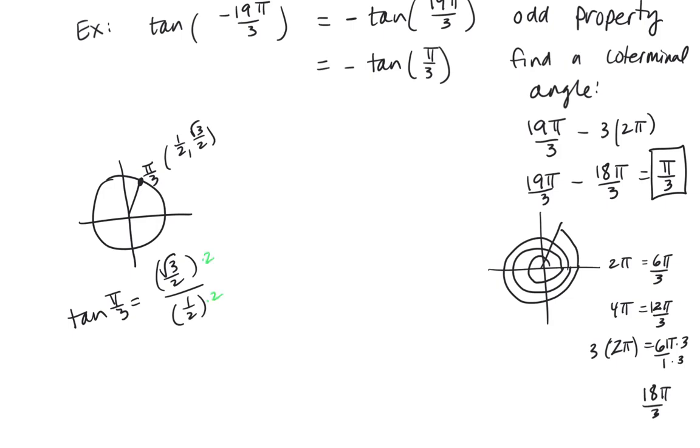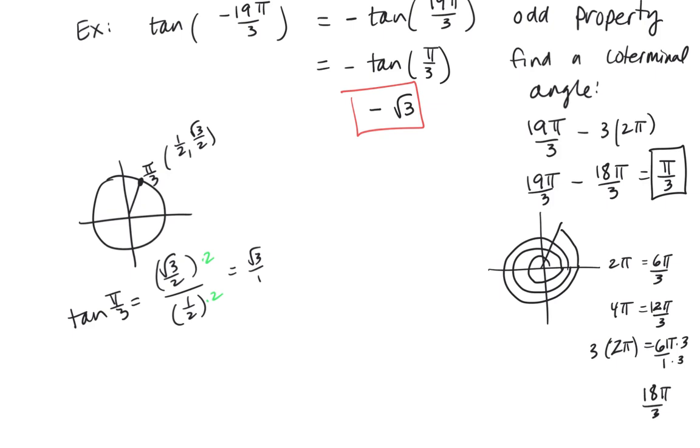Simplifying that complex fraction, multiply numerator and denominator by 2, we get the tangent of pi over 3 is the same thing as square root of 3, and from the odd property we had that is negative.